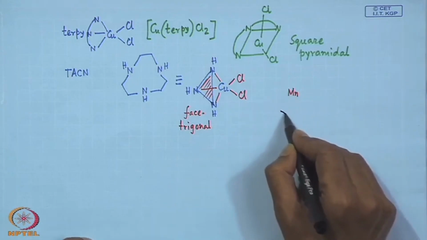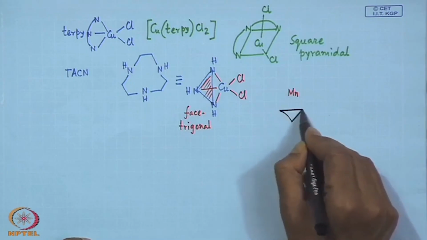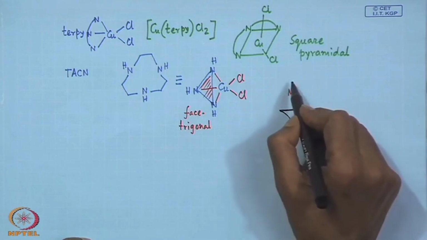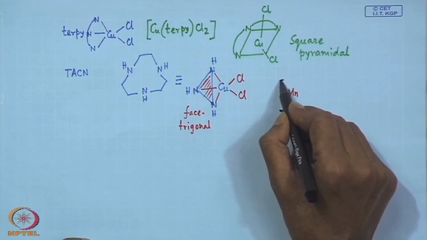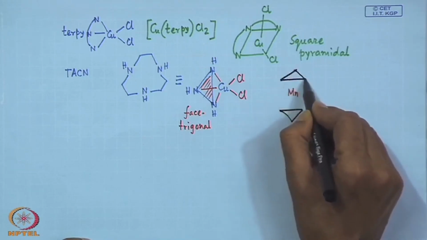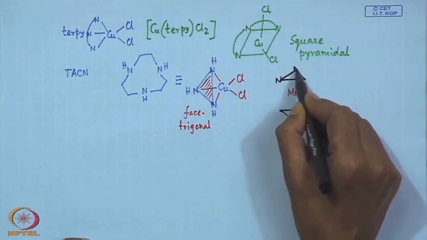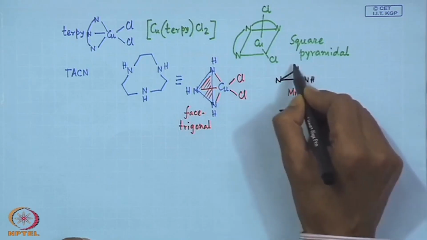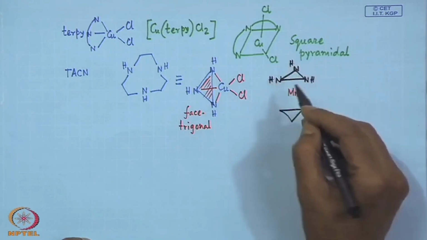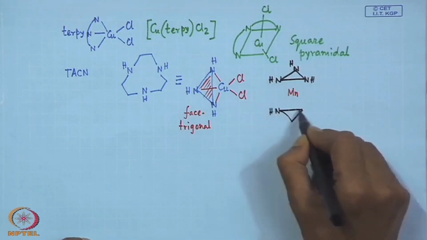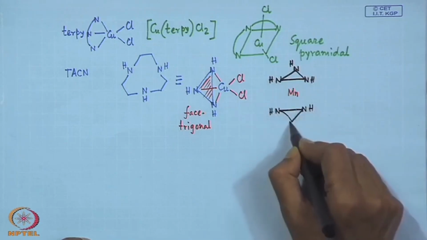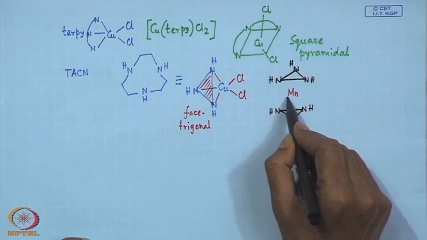we can have one tacane from below and another tacane from above. So, these are all the nitrogens NH, NH, NH, NH, NH, NH.